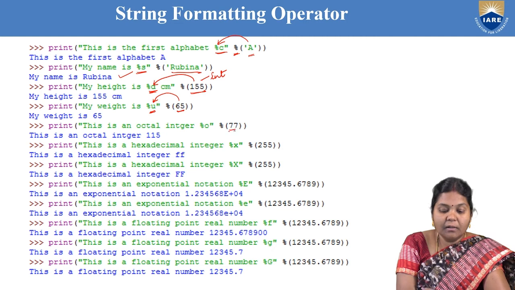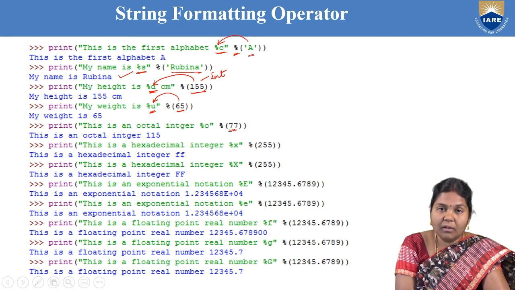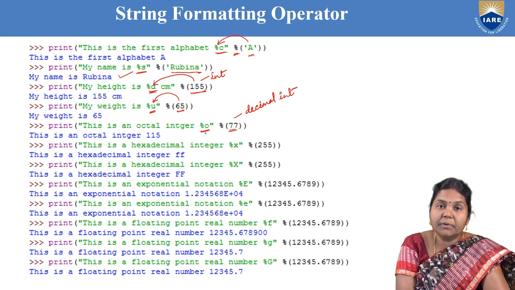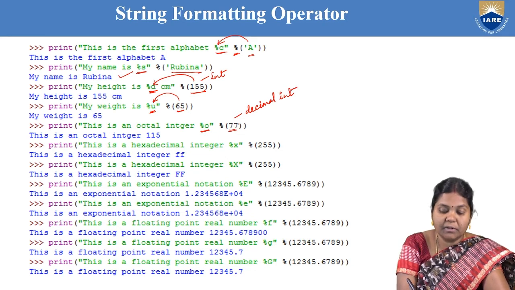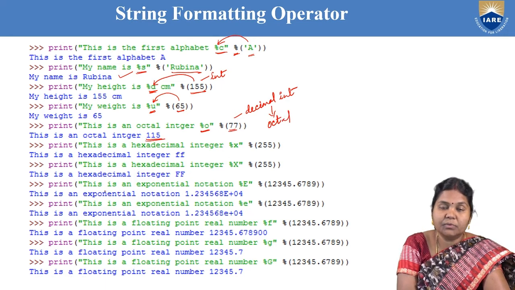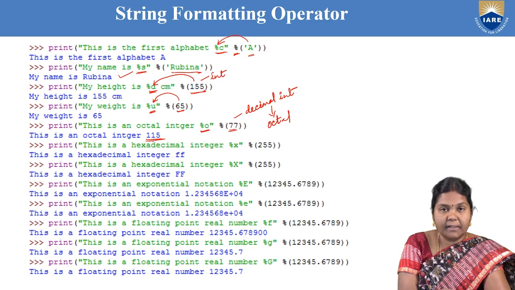Similarly, if you want to print an octal number, you can write the format %o, and then modulus 77. 77 is by default a decimal integer. When you write %o, it converts the decimal into octal and then prints it. The octal equivalent of 77 is 115, so it is printed.